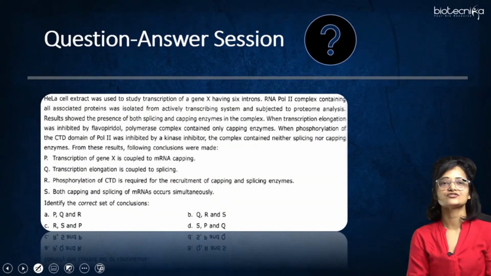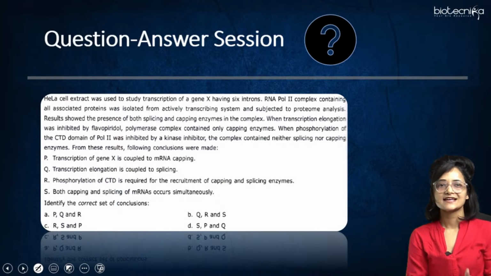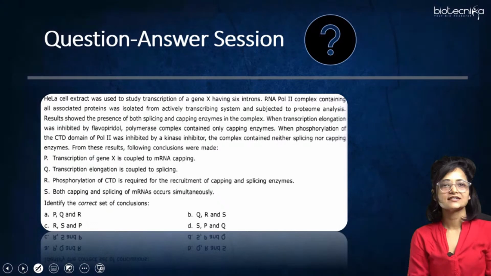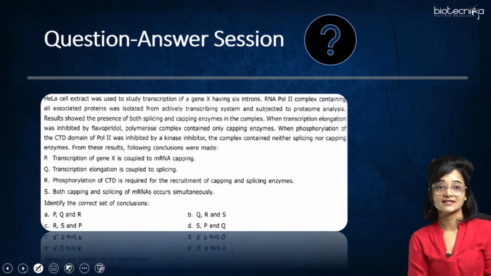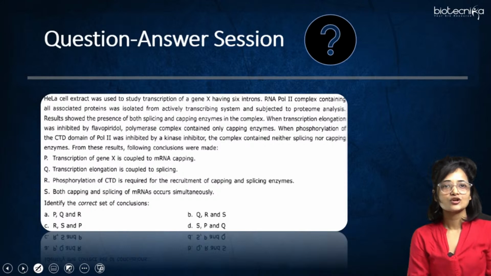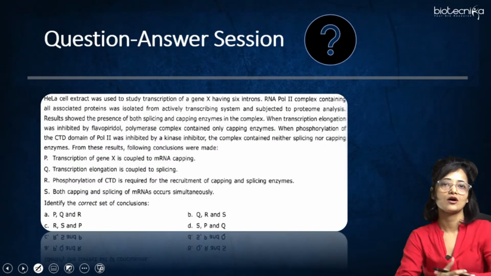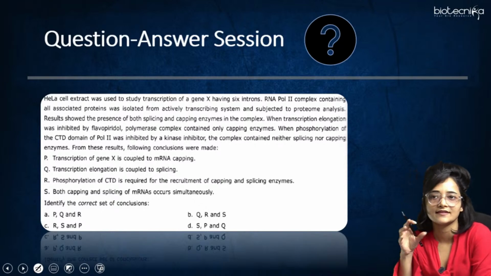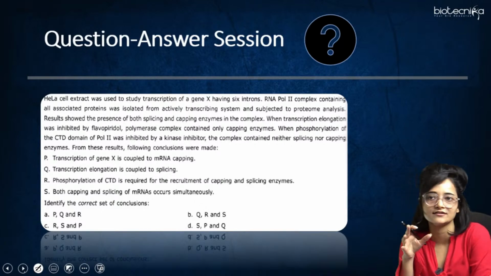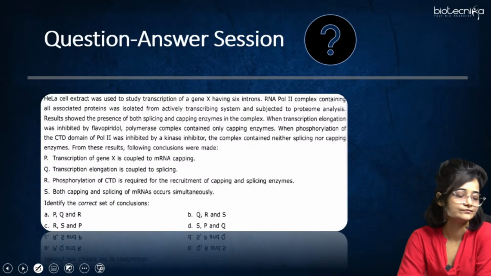First, the transcription of gene X is coupled to mRNA capping. Second, transcription elongation is coupled to splicing. Third, phosphorylation of the CTD is required for the recruitment of capping and splicing enzymes. And the last option is that both capping and splicing of mRNA occur simultaneously. What would be the correct statement according to the experiments given here and whatever I explained till now about the CTD region?